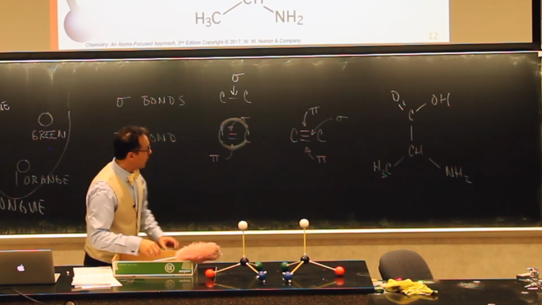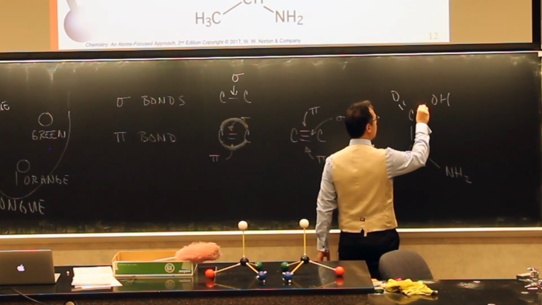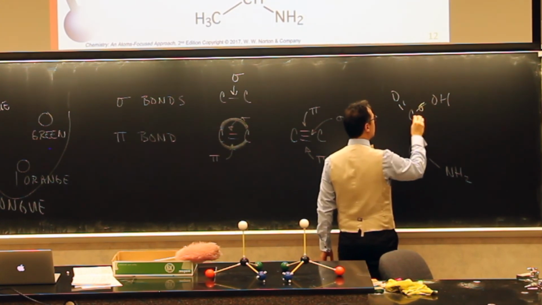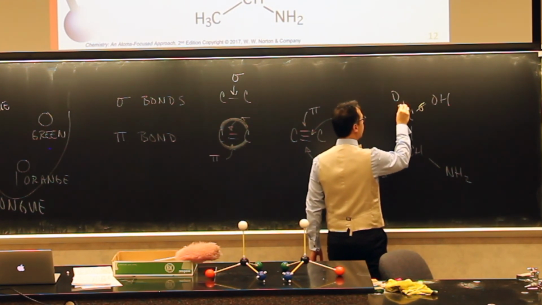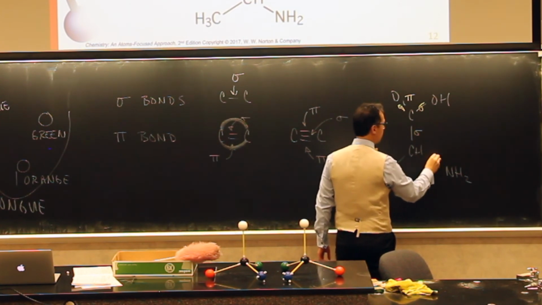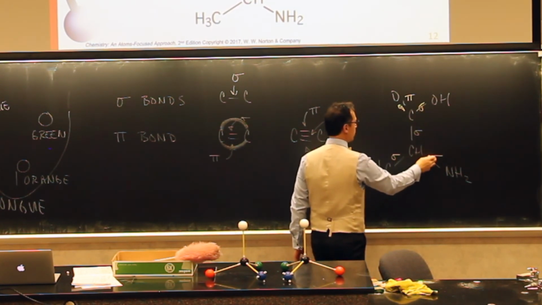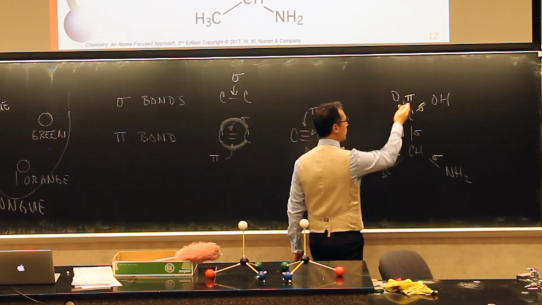I'm going to try to find my sigma bonds. Okay, so sigma, I'm going to go like this. One of these is sigma, and one of these is pi. And then here's a sigma, here's a sigma, sigma. So I've got 1, 2, 3, 4, 5 sigma bonds and 1 pi bond.